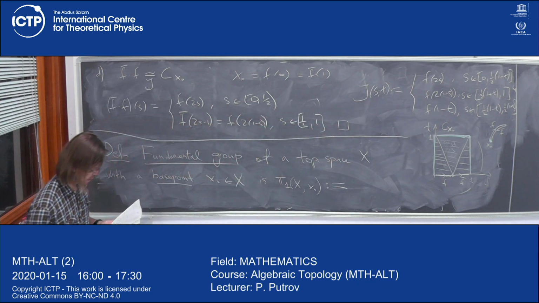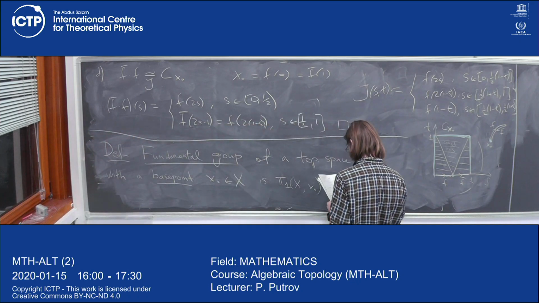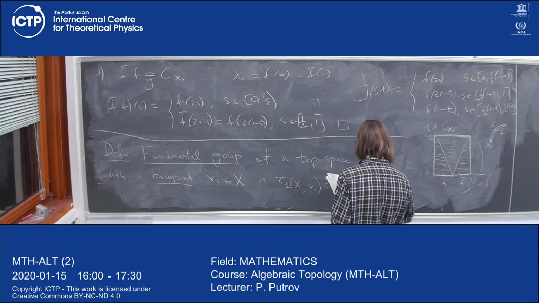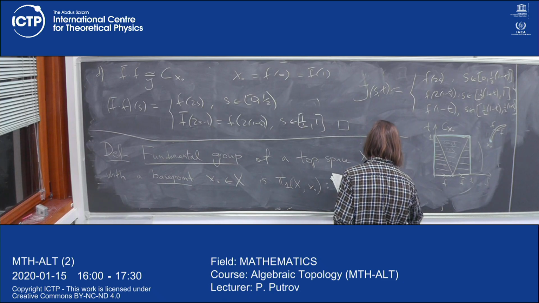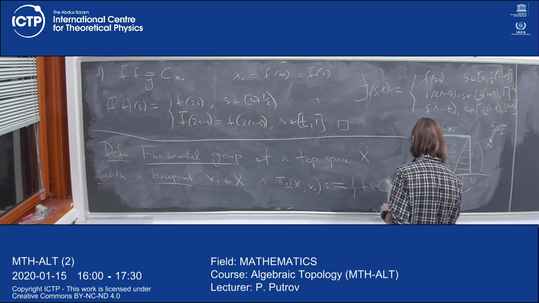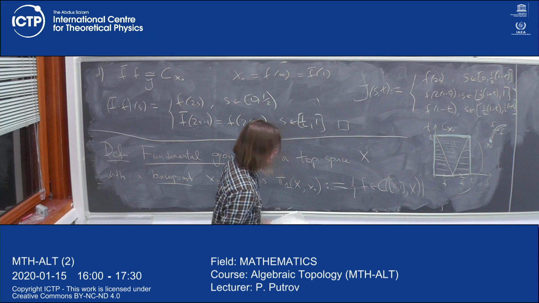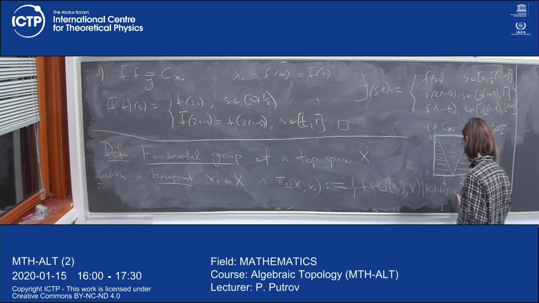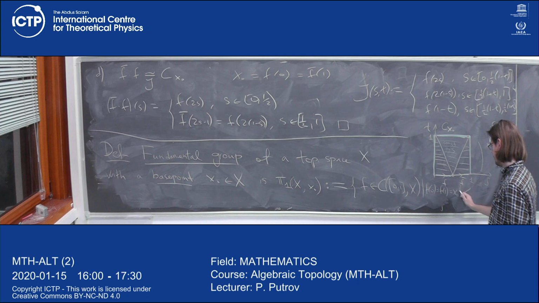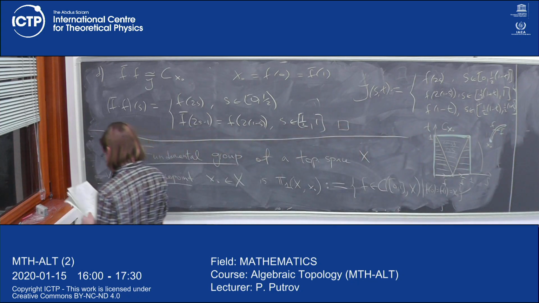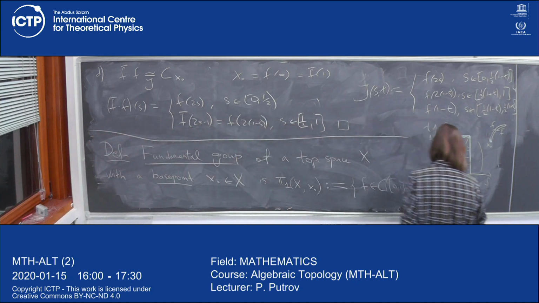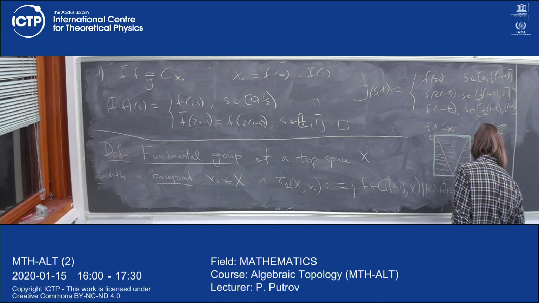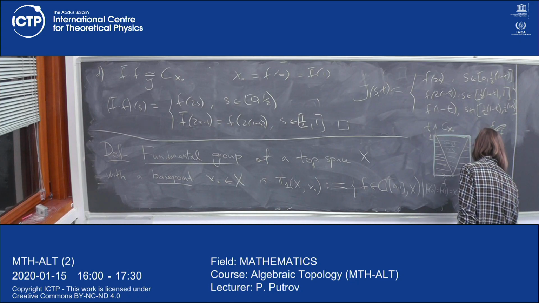So as a set it is defined as follows. We consider the set of all maps f from an interval to X such that f of 0 is the same as f of 1 and the same as my base point. Consider this up to path homotopy.